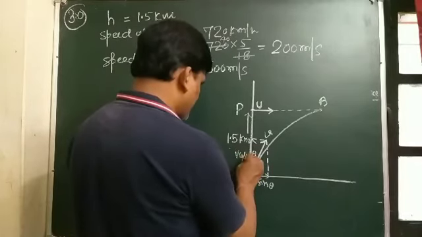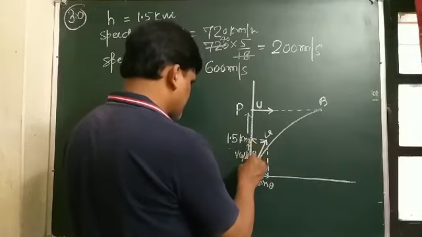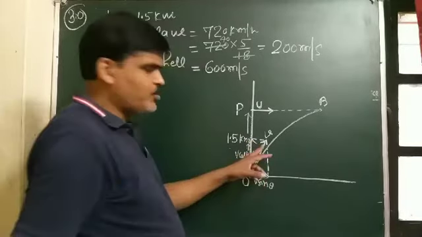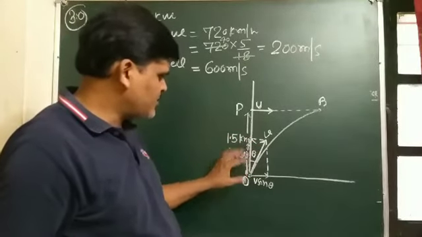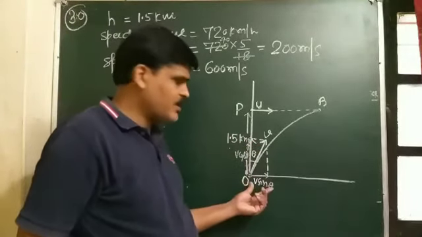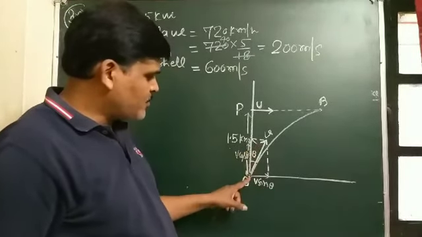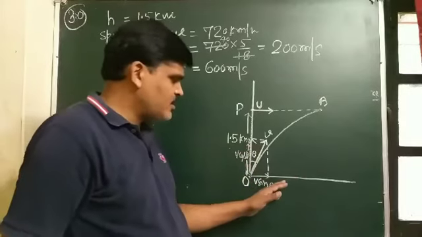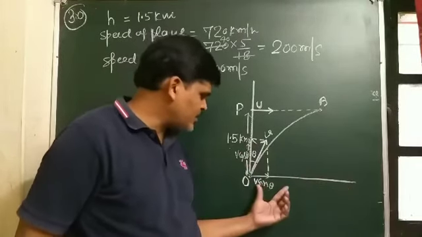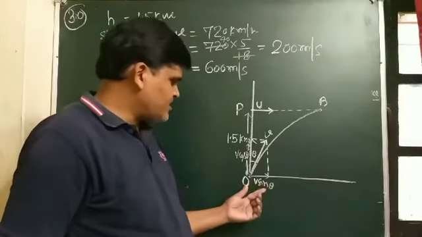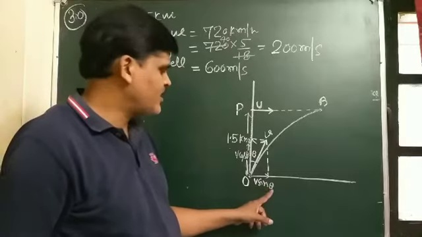So the component of the velocity in the horizontal direction is v sin theta, and in the vertical direction it is v cos theta. The horizontal direction velocity of the shell is v sin theta.